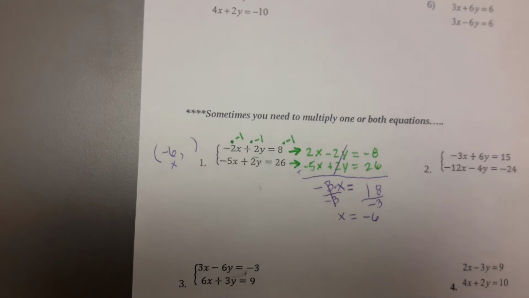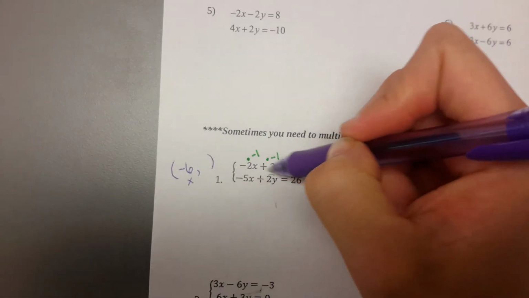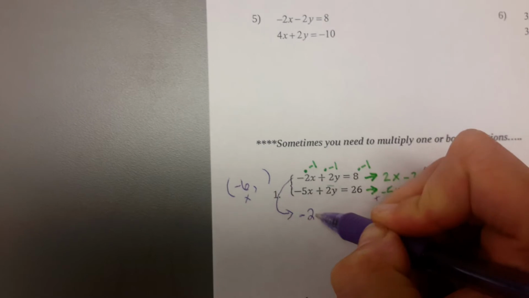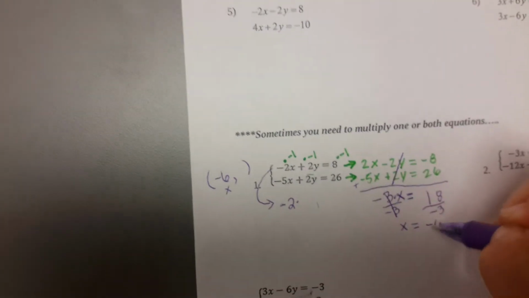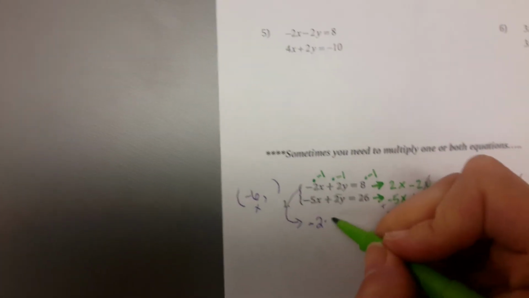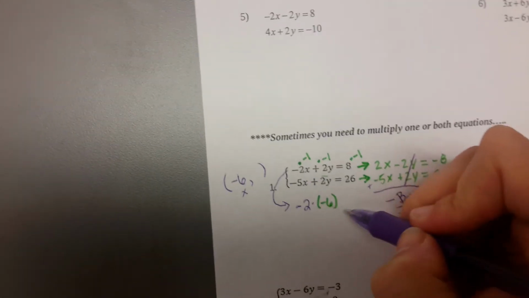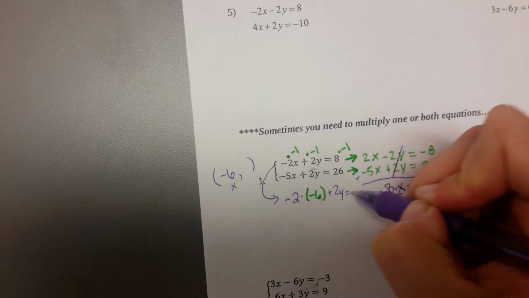It really doesn't matter. I'm just going to use this top equation because it has small numbers, but it honestly doesn't matter at all. So I'm going to rewrite that, negative 2 times x, but instead of writing x, I'm going to plug in negative 6 plus 2y equals 8.